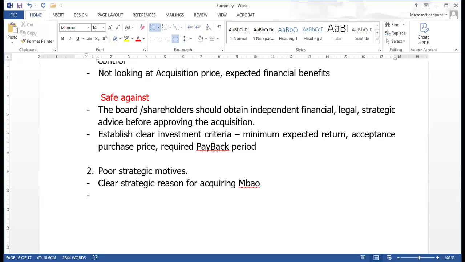If that acquisition does not support your long-term objectives, then you will struggle. The two businesses may have limited compatibility.